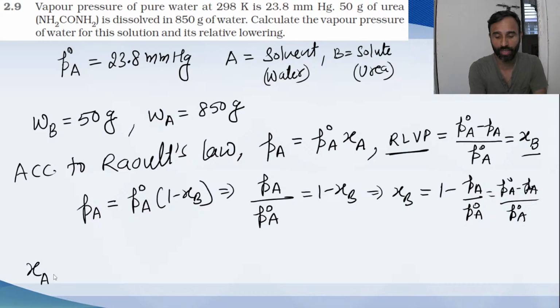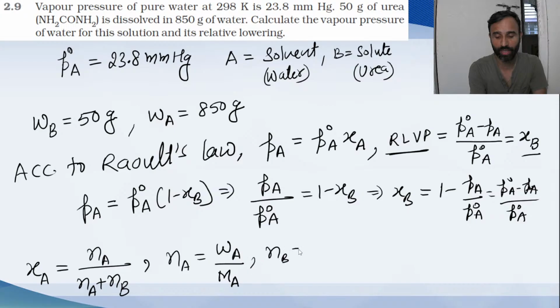Now we expand XA. XA equal to NA upon NA plus NB. But NA and NB are also not given to us. So we further expand it. NA equal to WA by MA. WA is given to us, so we need MA. NB, WB by MB. WB is also given to us. So we calculate MB.